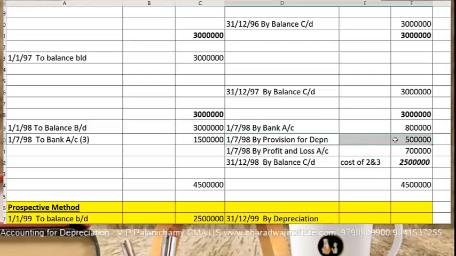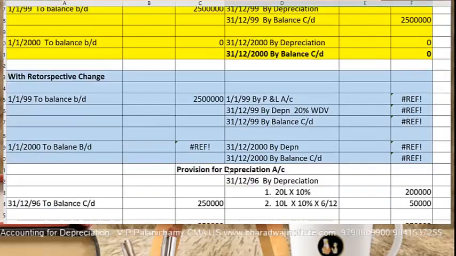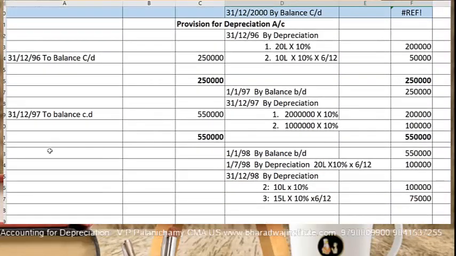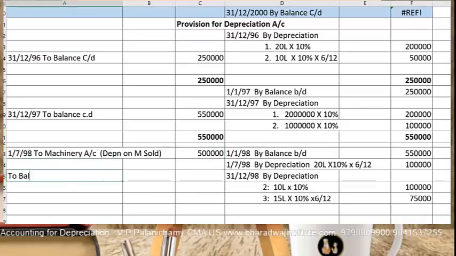On 1/7/98, by provision for depreciation, that will also be closed here. 1/7/98 to machinery account, nothing but depreciation on assets sold, that 5 lakhs. Then to balance carried down will come.